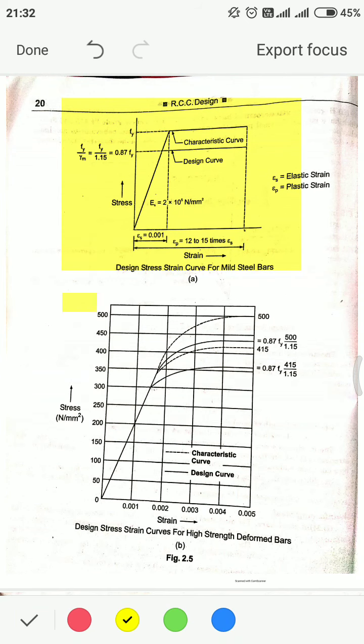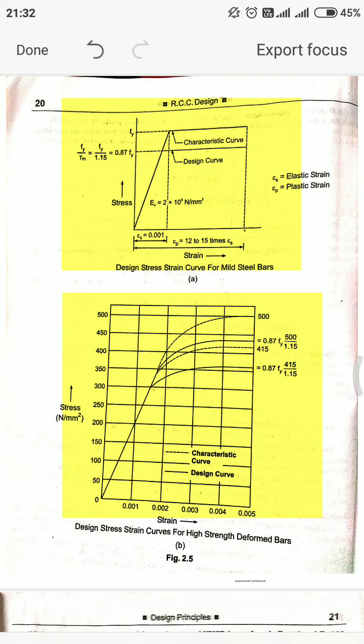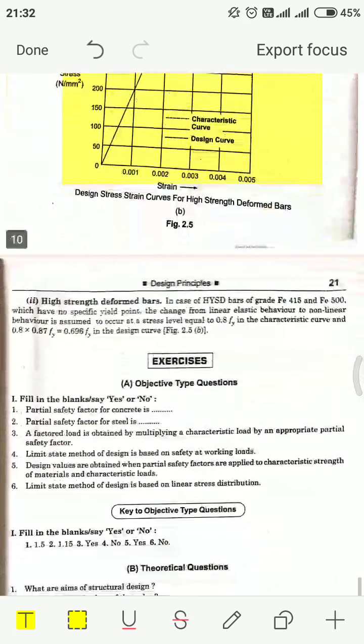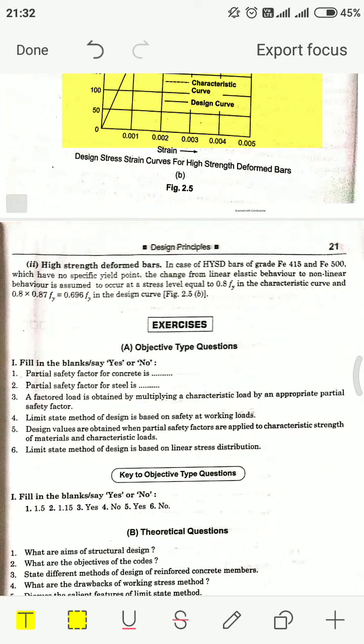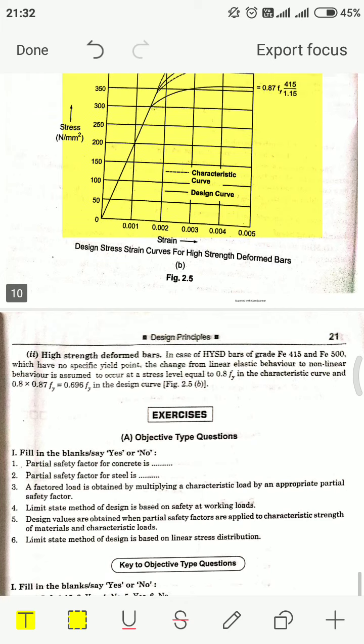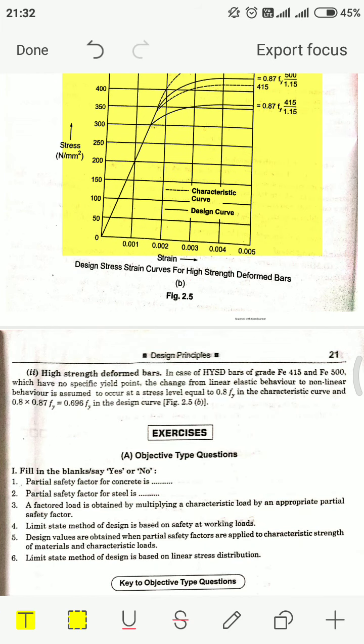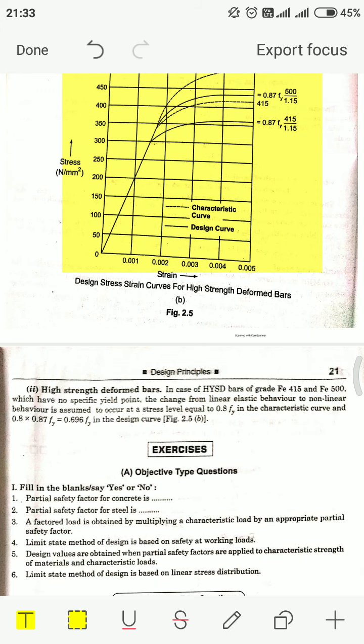These are also the design stress strain curves for HYSD bars, high strength deformed bars. In case of HYSD bars of grade Fe 415 and Fe 500, which have no specific yield point, the change from linear elastic behavior to non-linear behavior is assumed to occur at a stress level equal to 0.8 Fy in the characteristic curve, and 0.8 into 0.87 Fy is equal to 0.696 Fy in the design curve.